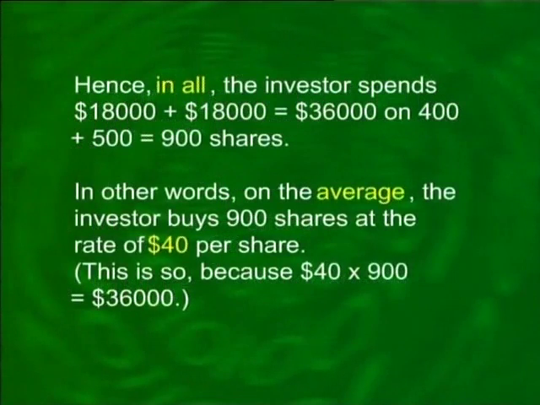Hence, students, in all, the investor spends 18,000 plus 18,000, that is $36,000 on 400 plus 500, that is 900 shares. In other words, on the average, the investor buys 900 shares at the rate of $40 per share. And this is so obviously because 40 into 900 is equal to 36,000.